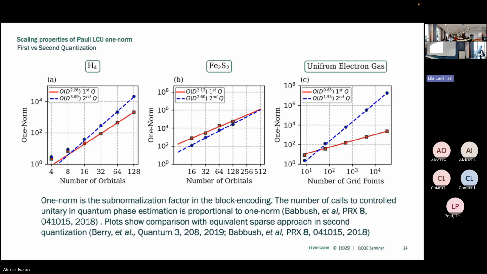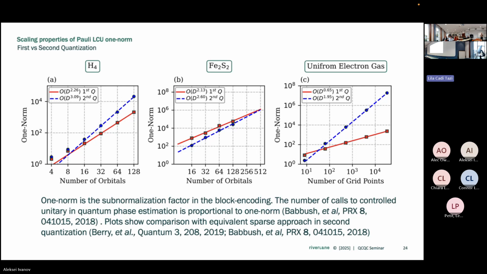Then, because the formalism is general, we also considered real space grids, such as plane waves, and let's see how it performs for the uniform electron gas. The norm scales sublinearly with the number of grid points, but in second quantization it will be quadratic.